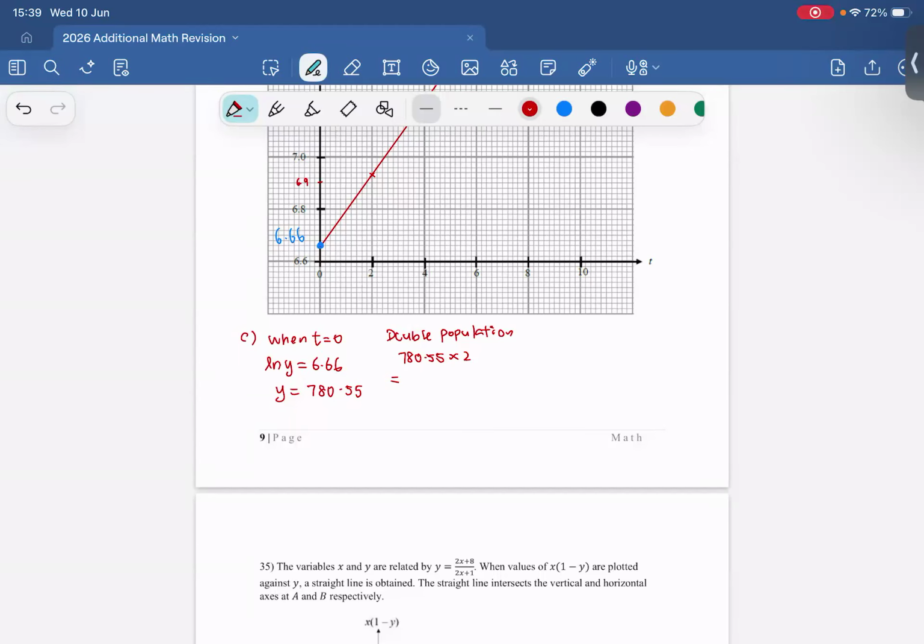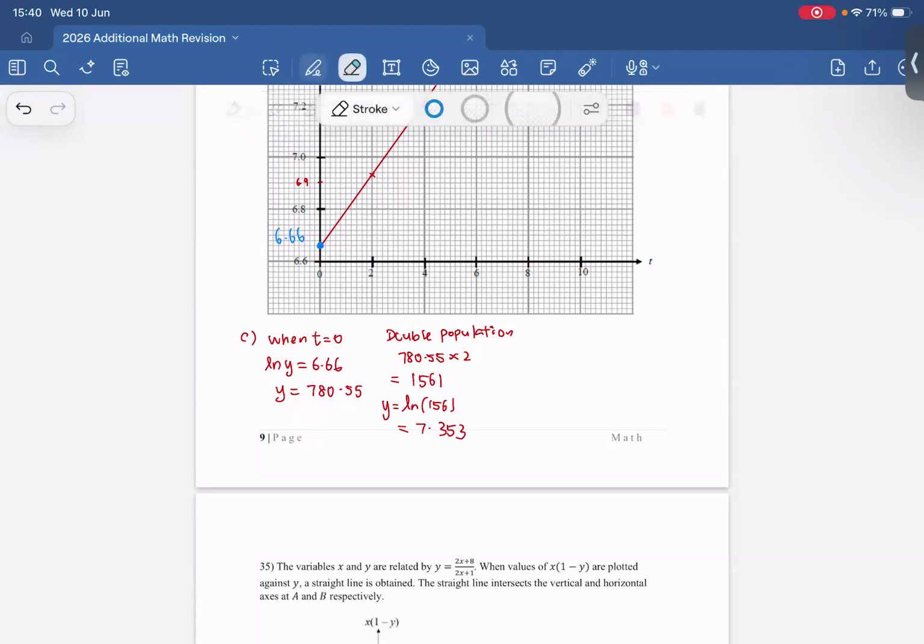That will give me 1561. Okay. Remember to read from the graph, we cannot read 1561. We need to go and ln 1561. So we read from ln 1561. Ln 1561 is 7.353.